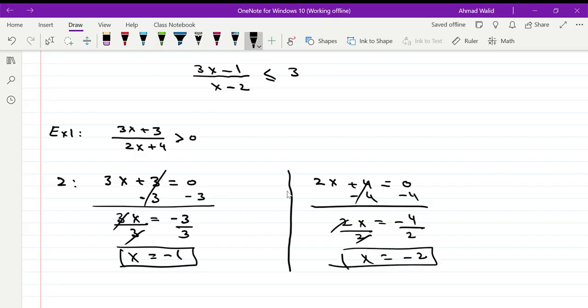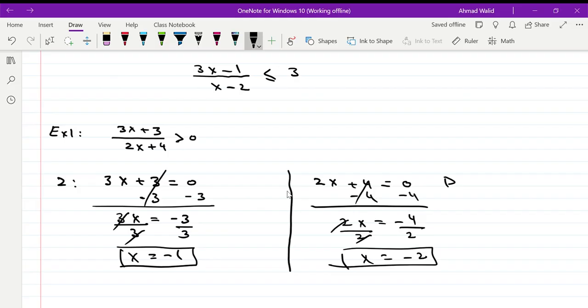Now, if you remember, when we discussed rational equations, rational functions, and now rational inequality, your denominator, correct? Which is this one, 2x plus 4. If you plug in -2 in your denominator, it becomes 0.